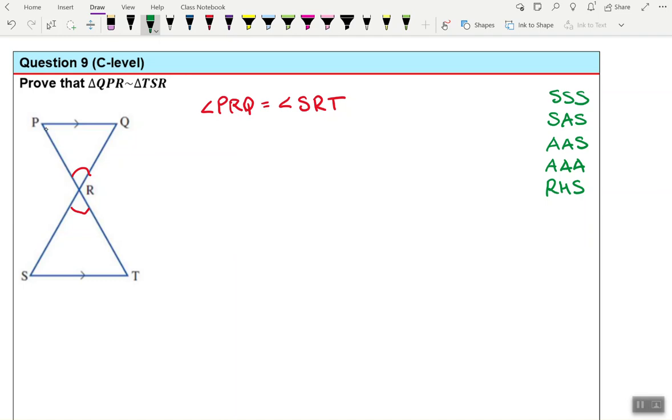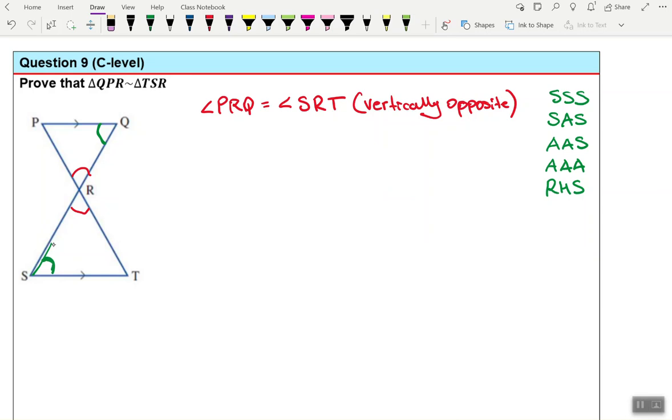The second one is alternate angles, but before we move on, we should just say that this is because it's vertically opposite. So the next one is going to be your alternate angles. Now we can use the alternate angles because in the diagram you can see these two arrows, means that those two lines are parallel. So with alternate angles, you'll use what is also known as the Z rule, which means that that angle there is equal to that angle there.